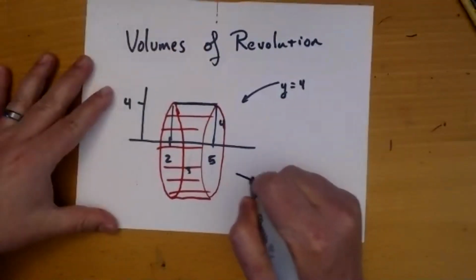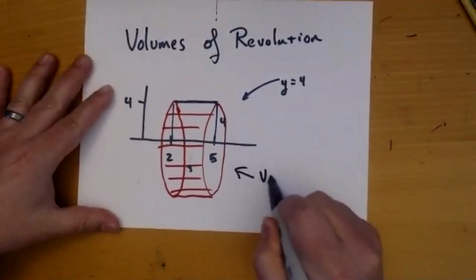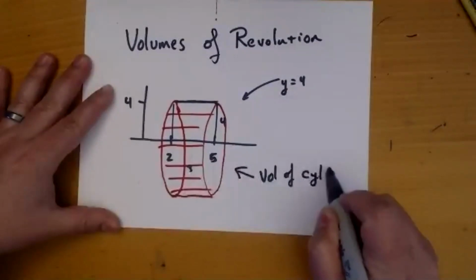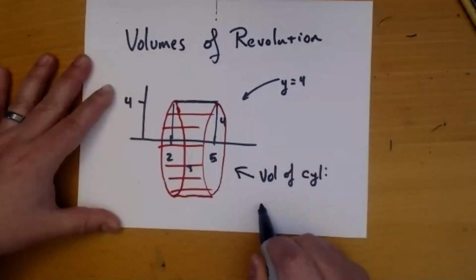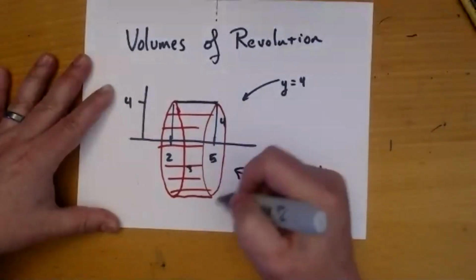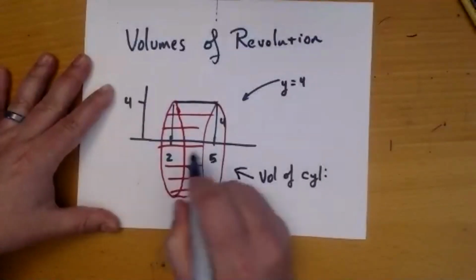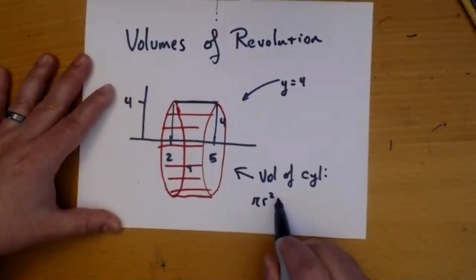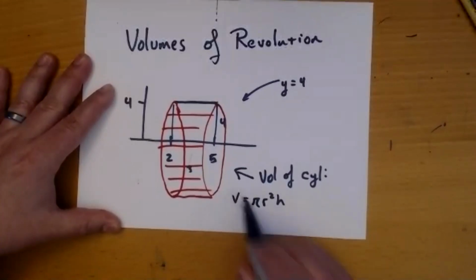The volume of a cylinder is the area of the circle times the height. So that would be pi r squared h is the volume.